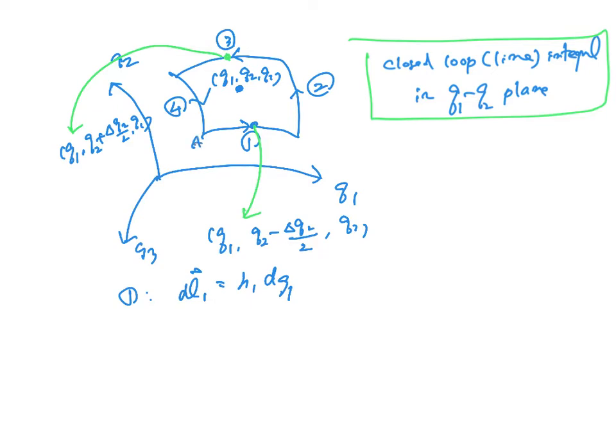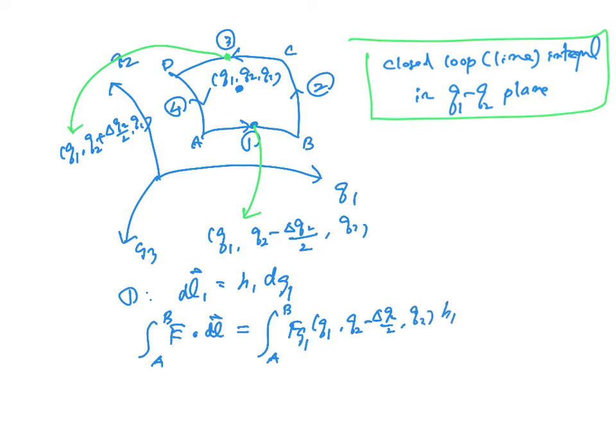So say A, B, C, D. So this integral A to B of F dl is F in the Q1 direction at Q1, Q2 minus delta Q2 over 2, Q3, times H1.